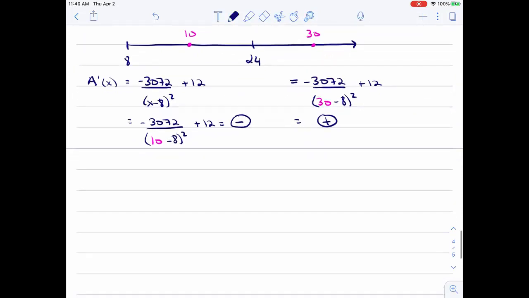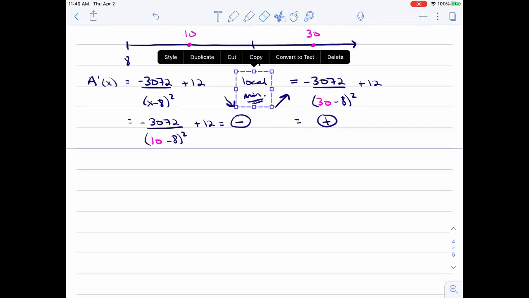And so here we've got a decrease going to an increase, making this a local minimum. Maybe I'll use a different color there.